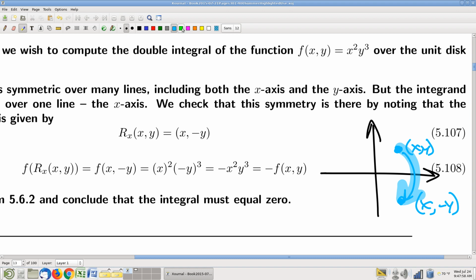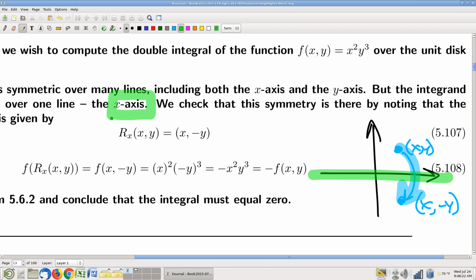And you can just see right here in the picture, the way you turn (x, y) into (x, negative y) is to reflect over the x-axis. Everybody see the argument there? You can totally just work backwards through how you want it to work out to identify, in this case anyway, what your symmetry is.